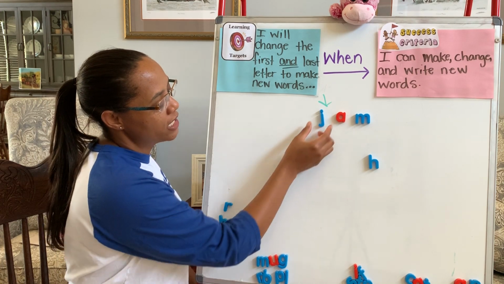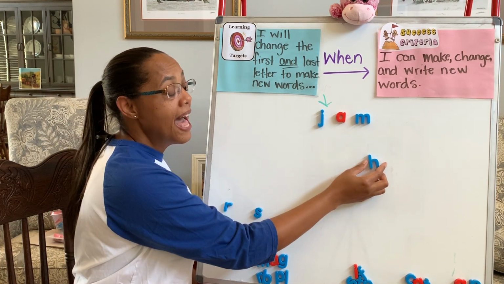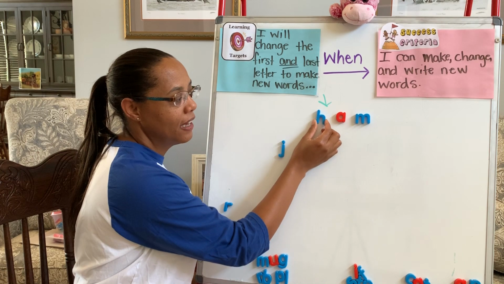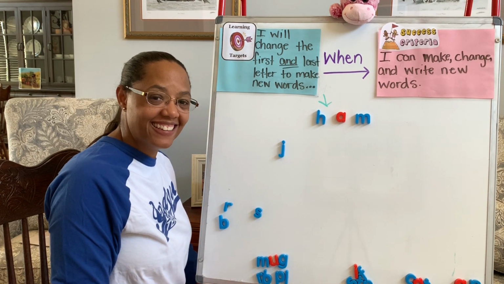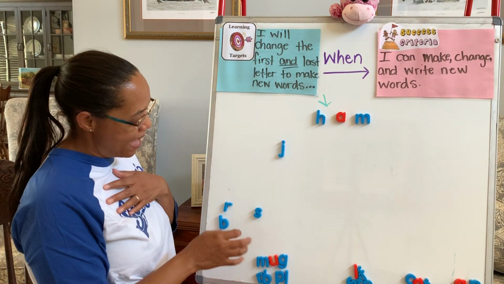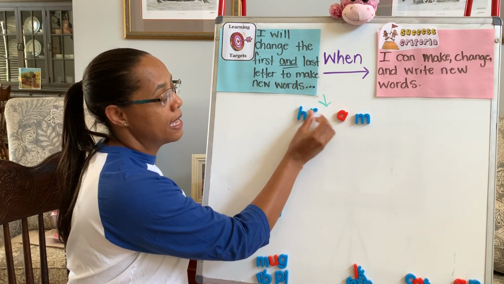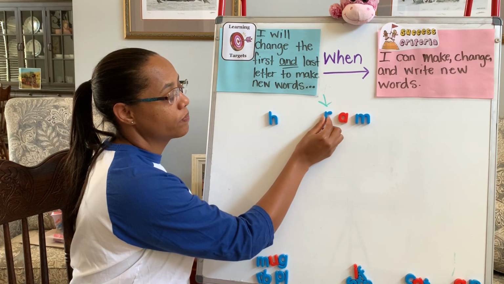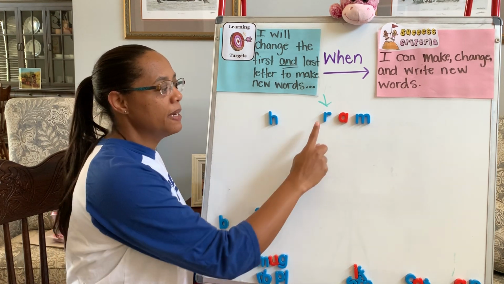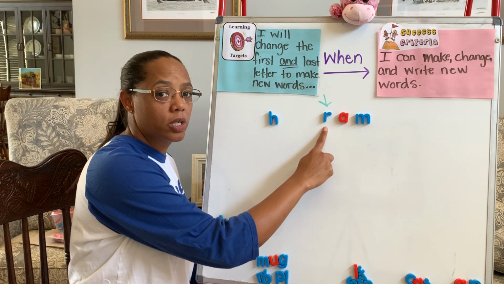So we're going to change it from jam to ham. Very good. So now I'm going to change it back to ram. Very good. So we changed the beginning letter to make new words.